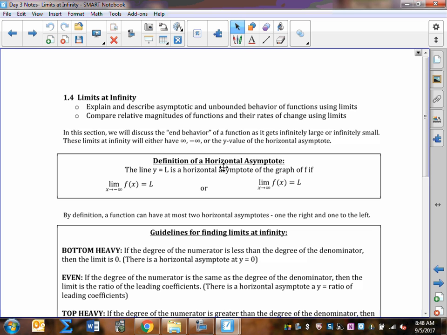Is it too much to ask for a normal weight screen? Okay. You guys see what I see, right? We see notes now. Great.